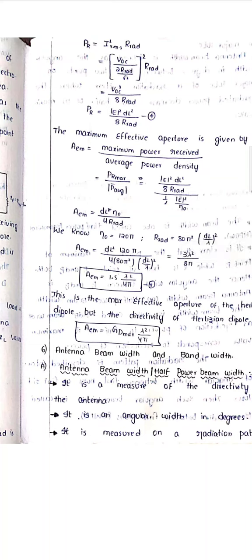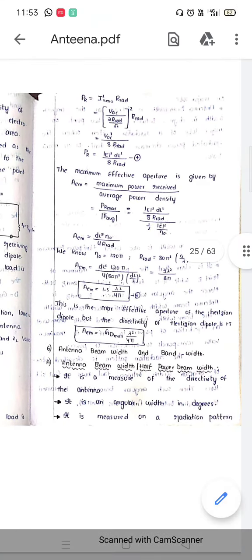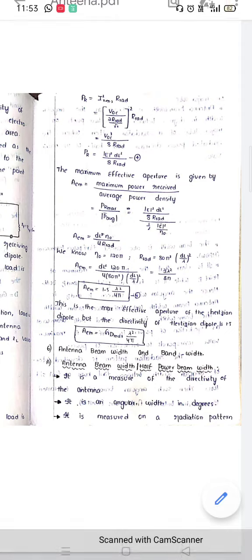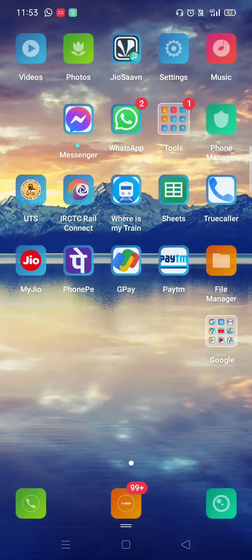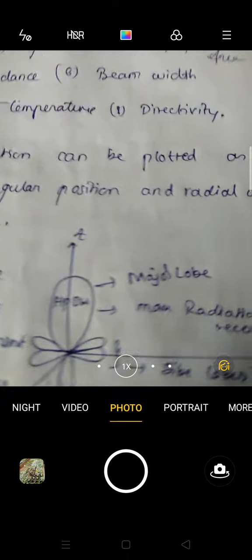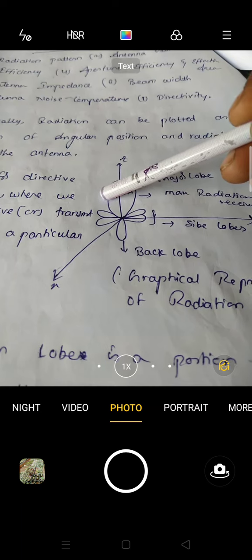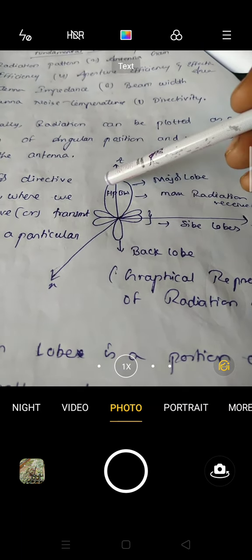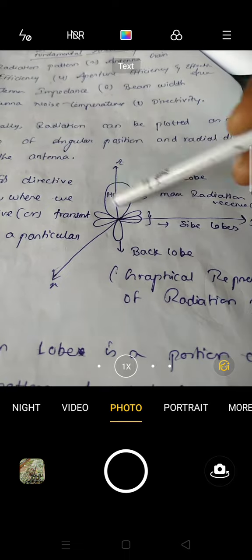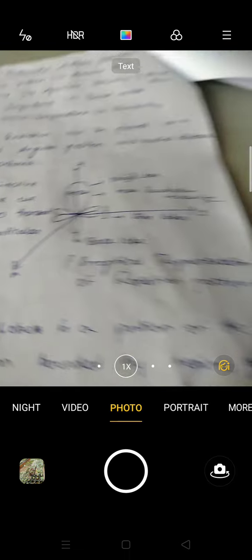Let us discuss the antenna beam width and antenna bandwidth. Antenna beam width is the half power beam width.